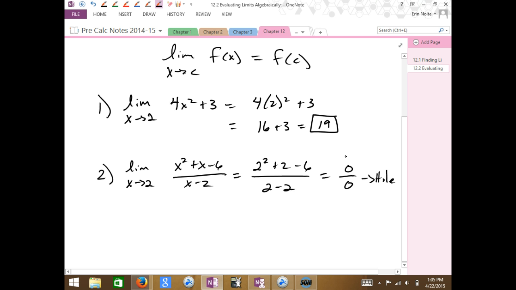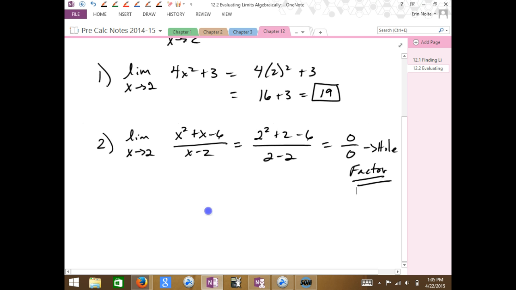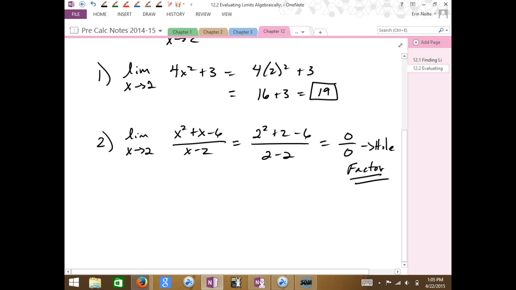So what we're going to do is go back and factor the original expression. What does x squared plus x minus 6 factor into? What two numbers multiply to negative 6 and add positive 1? So x plus 3 and x minus 2.